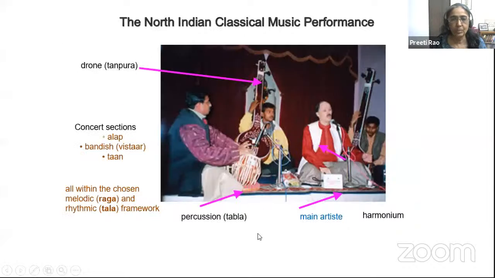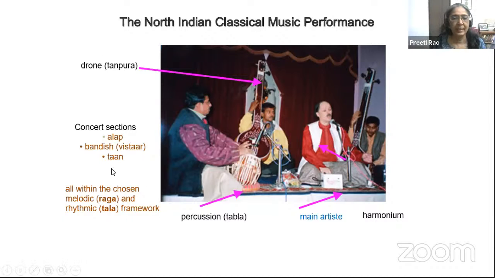Okay, so coming to Indian classical music performance, we have a number of instruments playing in a typical concert. We have, of course, the main artist and the percussion, the tabla player. There's a constant drone in the background. We also have a melodic accompaniment, such as the harmonium.